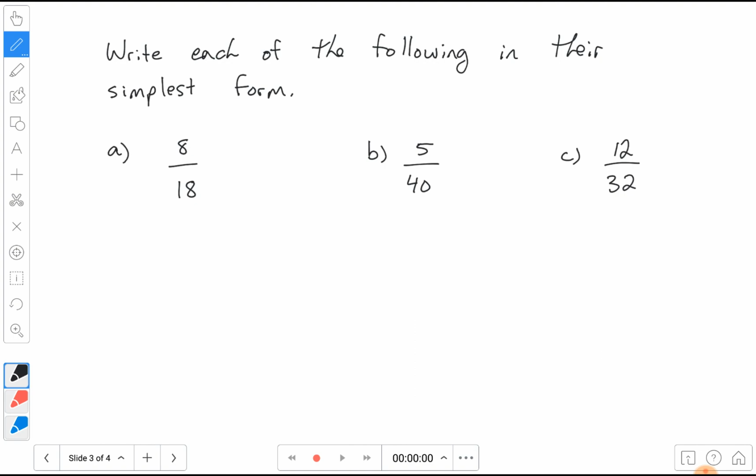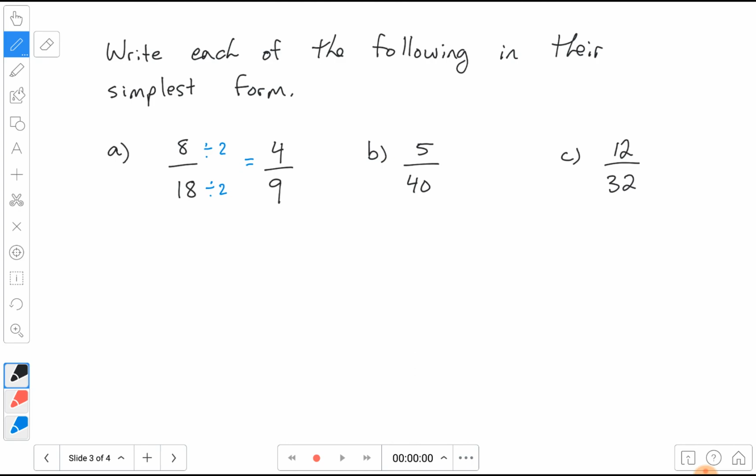They're both even, so we can divide them both by 2. 8 divided by 2 is 4, and 18 divided by 2 is 9. And this cannot be reduced any further. So 4/9 is the lowest that we can go.